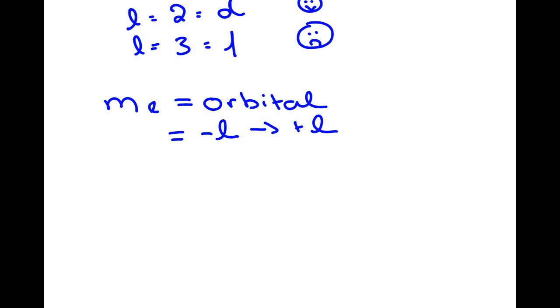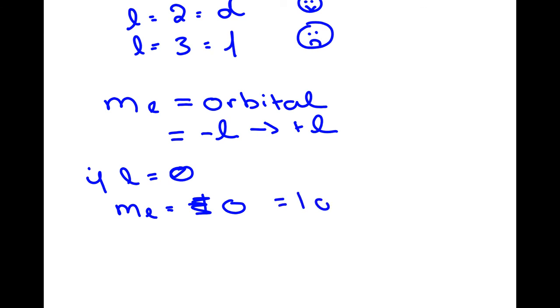So if L equals 0, then ml can only be 0. So that's one option. And when you draw that, you draw one box, or one orbital.